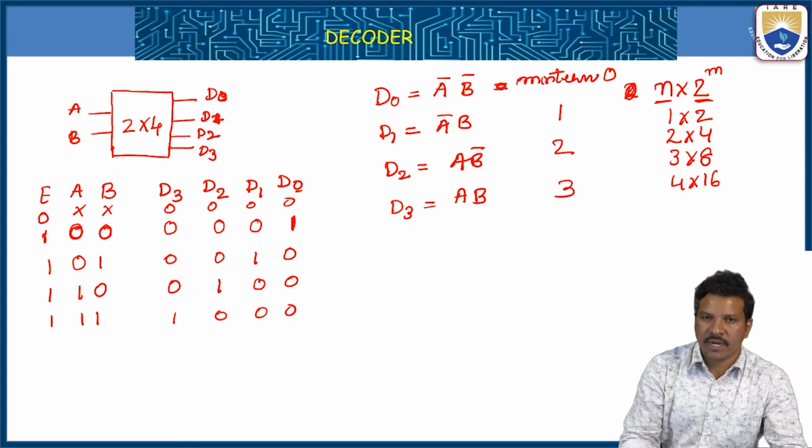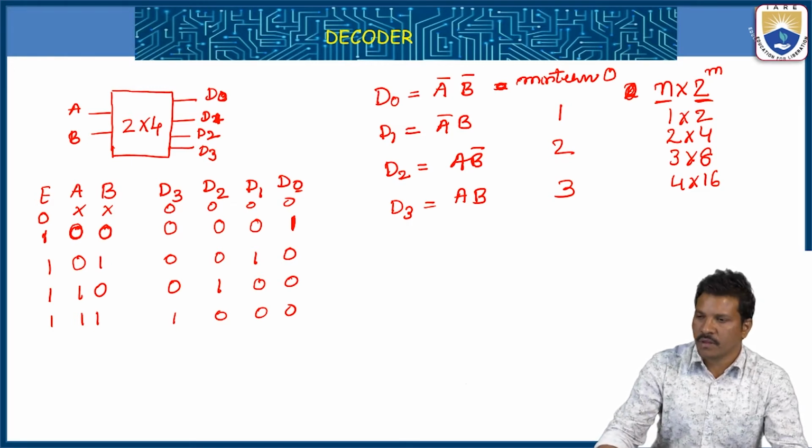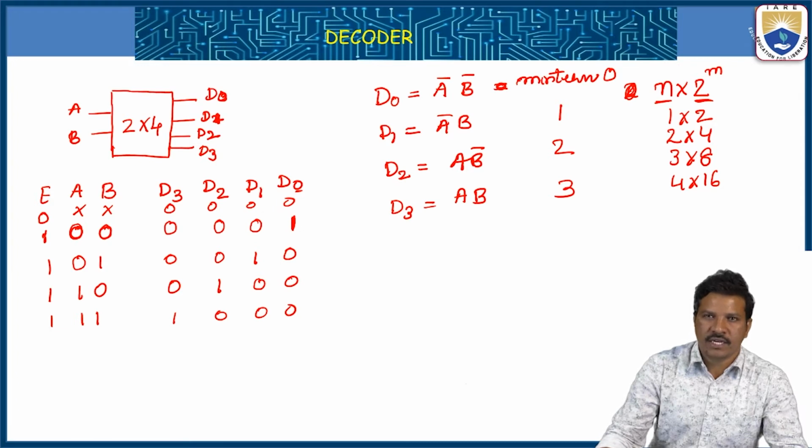The decoder outputs already represent the minterms of a given input combination, so when we add them with an OR gate, we get the appropriate Boolean function we want. To begin with this concept, I'll explain the problems regarding the decoder: implementing Boolean functions and specific combinational circuits with the help of a decoder.